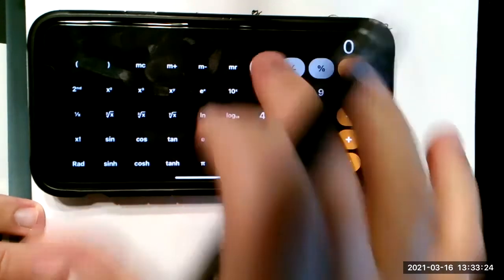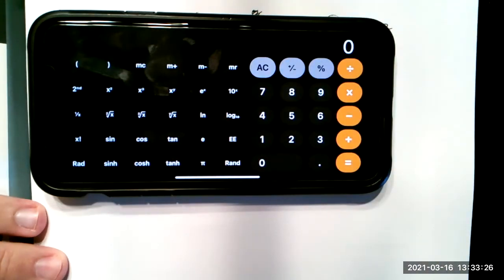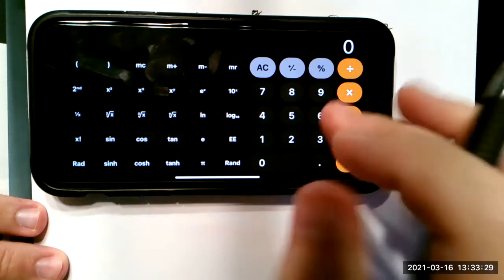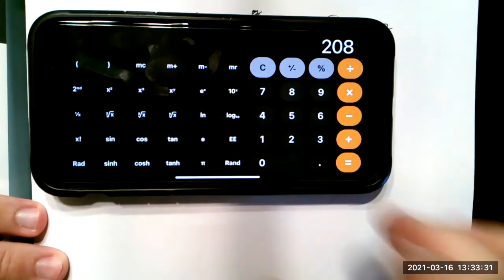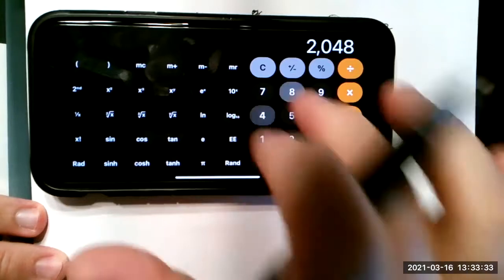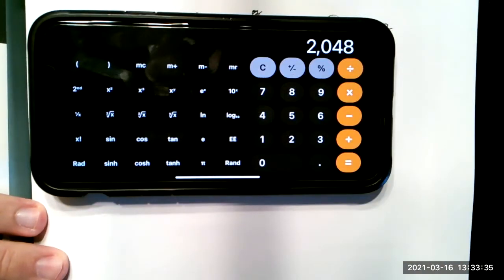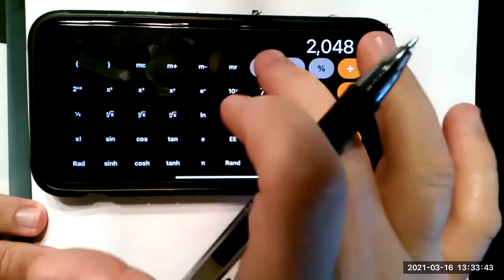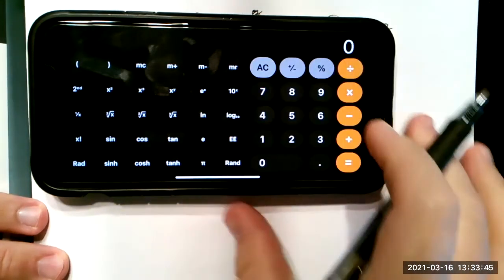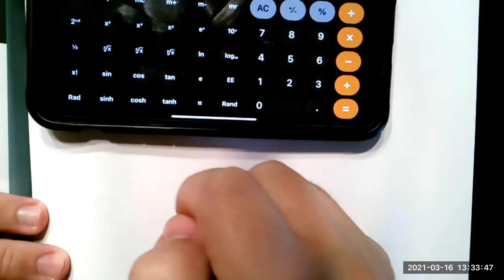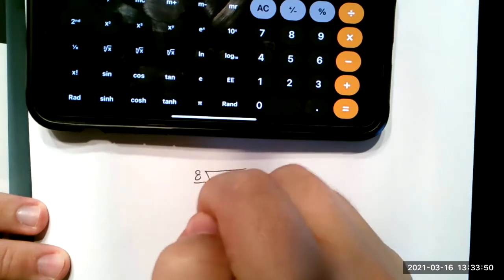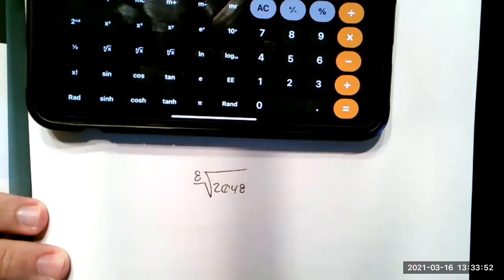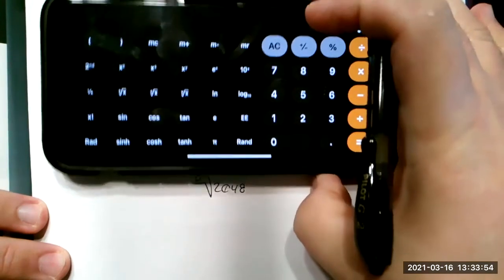Okay. So for example, the way these really get handy is if I have, I don't know, 2048. And let's say I want to take the 8th root. I don't know if this is going to work out or not. I'm just making this up. So if I want to take the 8th root of 2048, here's how it would work.